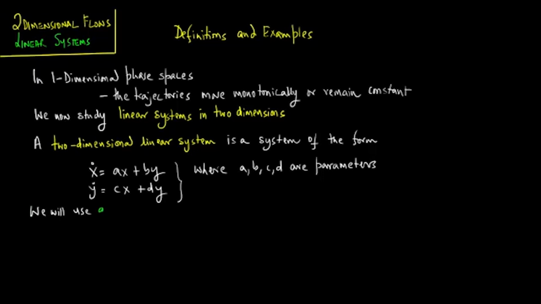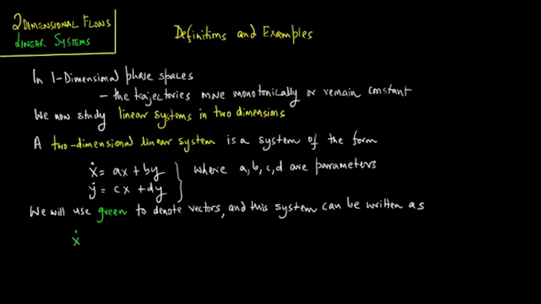We will use green to actually denote vectors, and this system can be written as x dot is equal to Ax, where A is the matrix a, b, c, d, and x is composed of x and y.